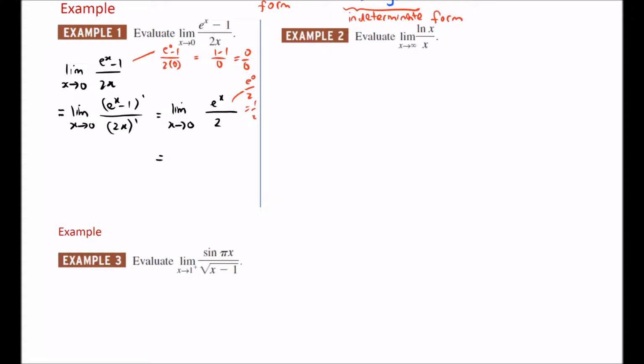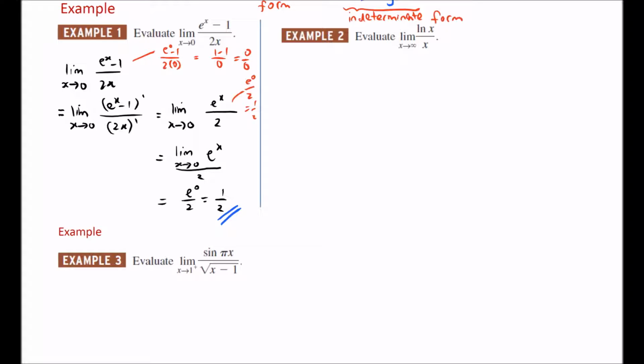The actual limit is half. It's not 0 over 0; 0 over 0 is not the actual limit, but half is the actual limit. I hope you understand that L'Hopital's rule helps you evaluate a limit which gives you an indeterminate form.